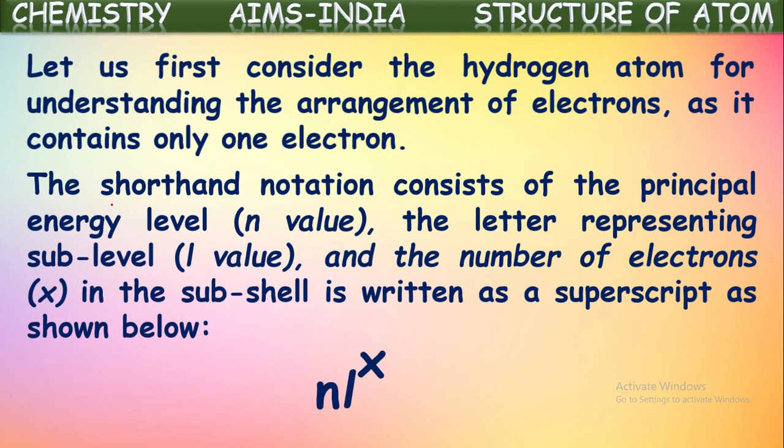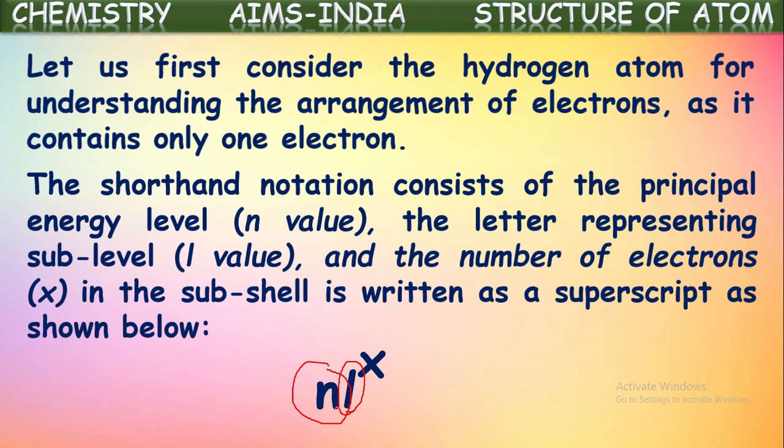In this nlx notation, this n represents the principal quantum number or the main energy level number. n represents the main shell or orbit number in which the electron is located. And this l represents the subshell in which the electron is located.